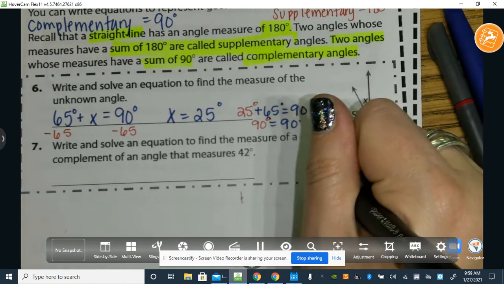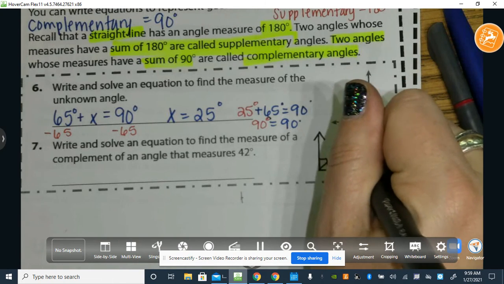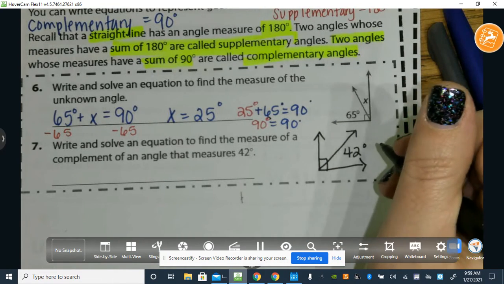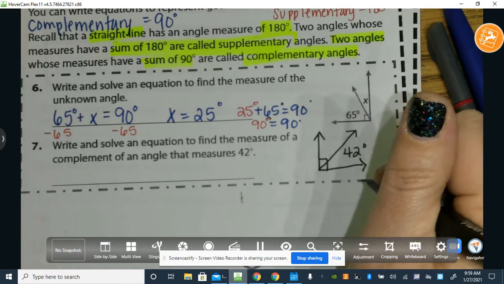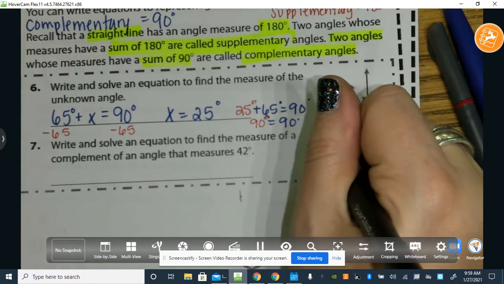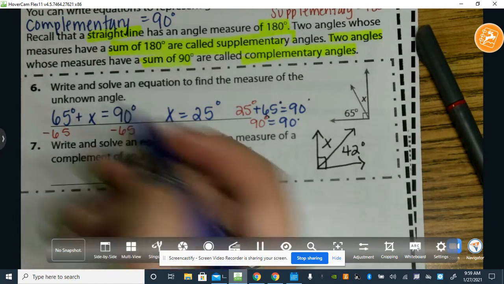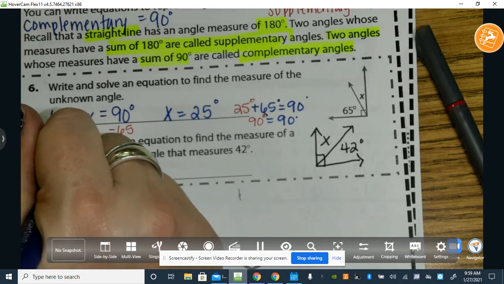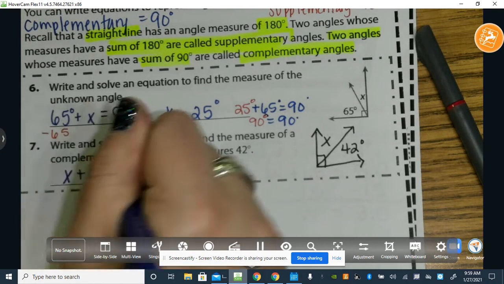Okay, and I'm going to draw a line right here. And I'm going to say that this is 42 degrees. Is it accurate? No, but I'm showing that this angle is supposed to be 42 degrees. And I need to figure out what this is. So when I'm writing this out, I have x plus 42 degrees equals 90 degrees.